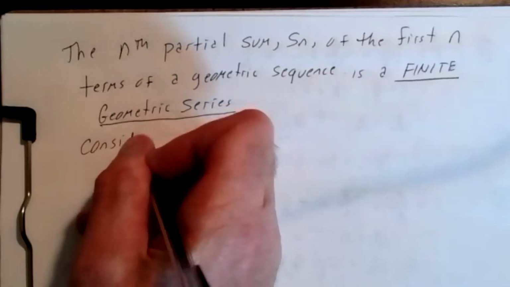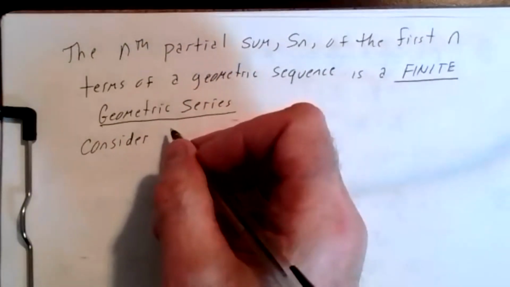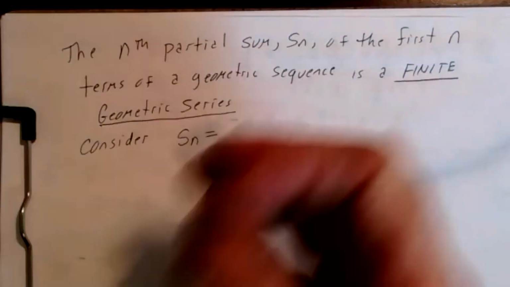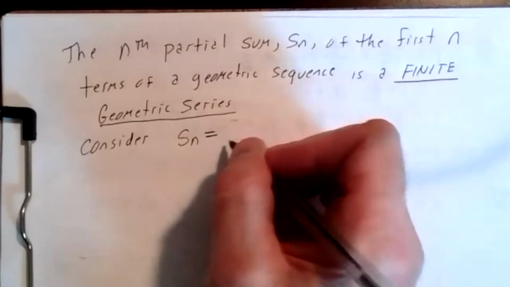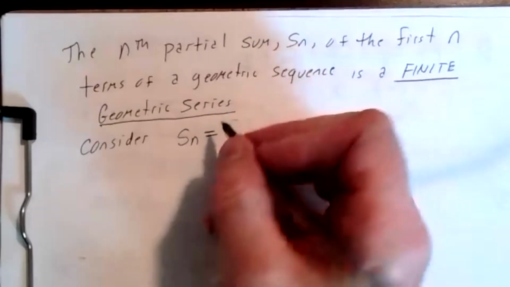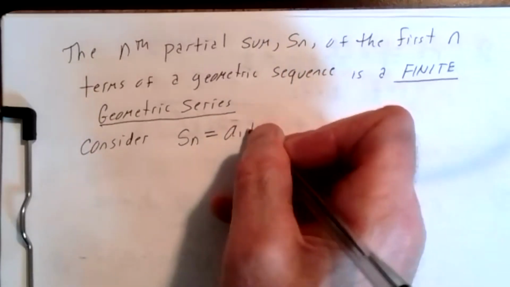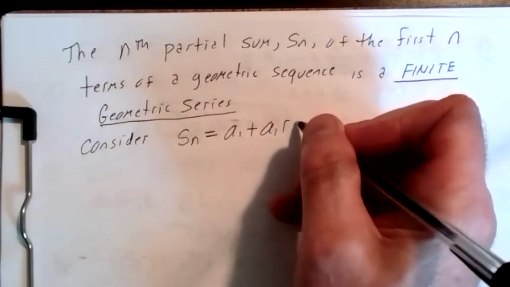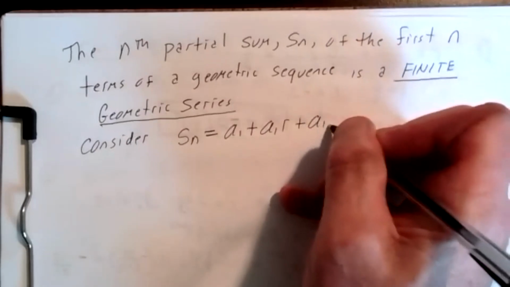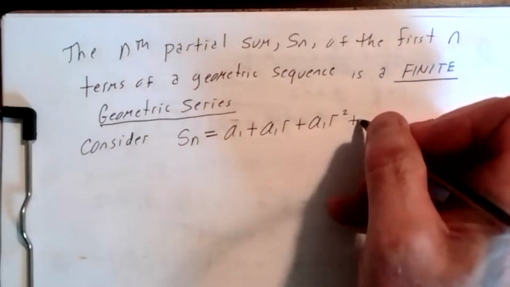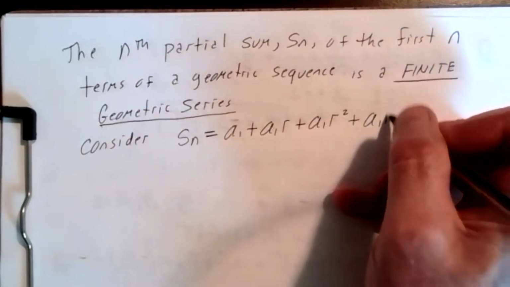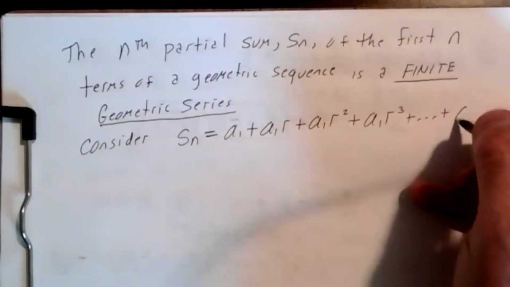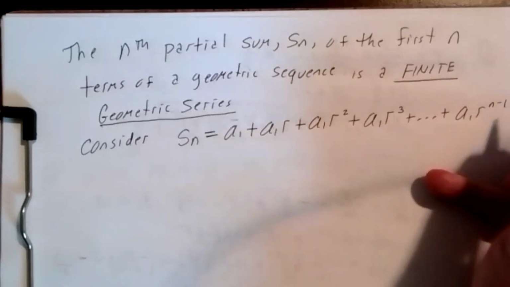Let's consider this. Let's consider the nth partial sum of a geometric sequence, where the first term is a sub 1, added to the second term, which is your first term times your common ratio, added to the third term, which is your first term times your common ratio squared, added to the fourth term, which is your first term times the common ratio cubed, plus on and on this goes, plus your first term times your common ratio to the n minus 1 power.